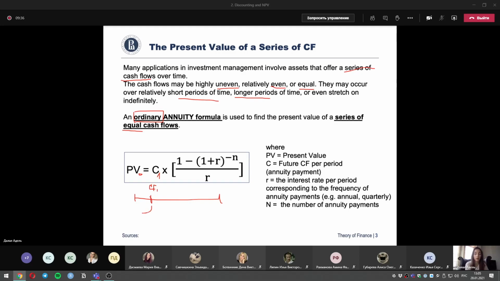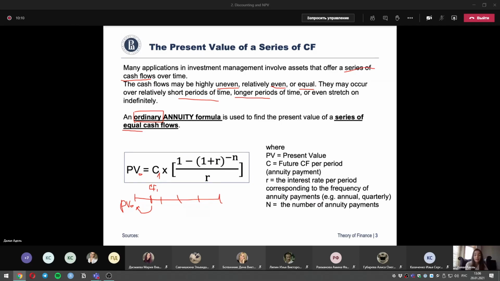When we start receiving it in 1 year, we receive some number of cash flows. So the present value calculated with this annuity formula is for 1 year back, for today. Right now it sounds very easy and straightforward, because last time we also considered in discounting assets that start paying in 1 year, so we discount this first cash flow as well.